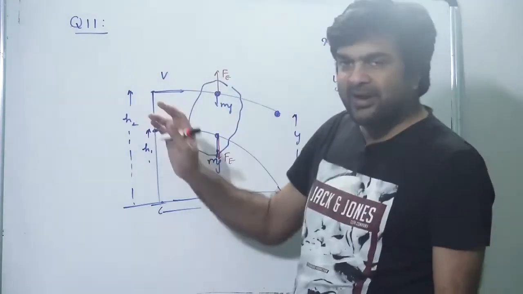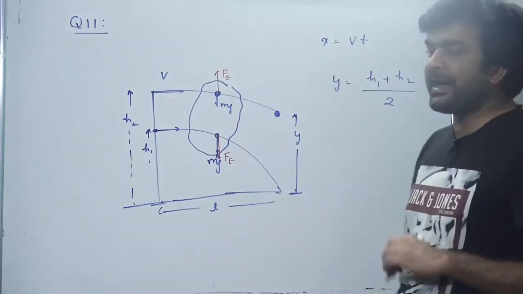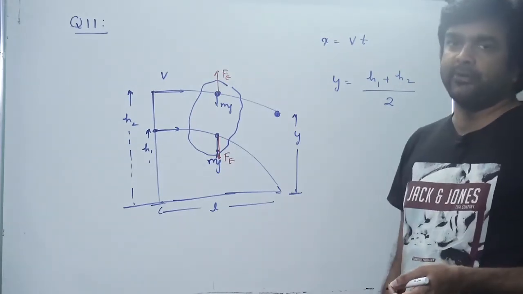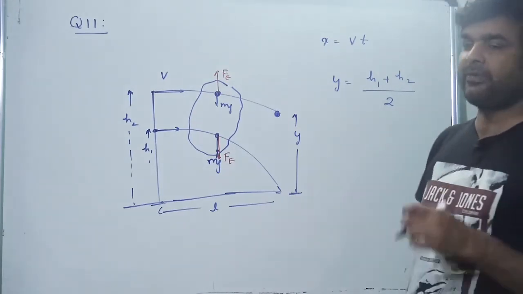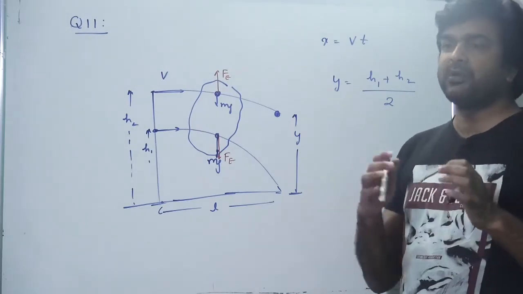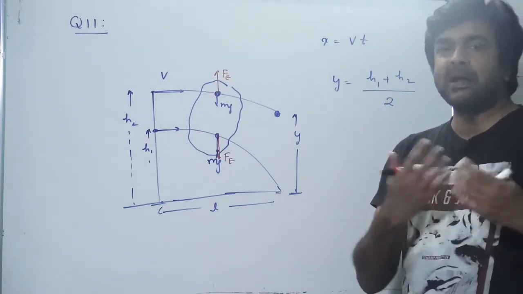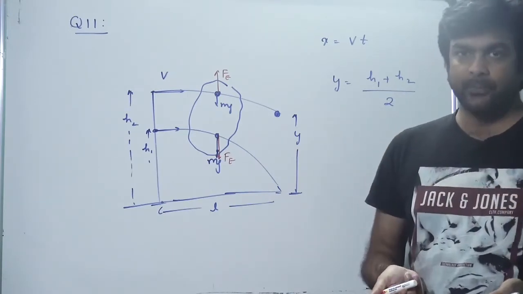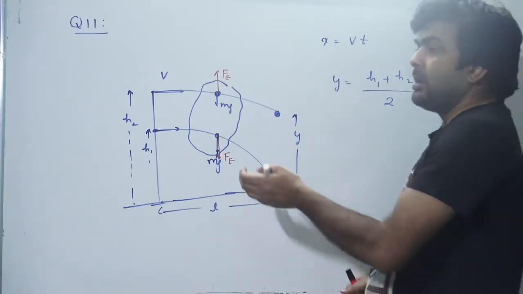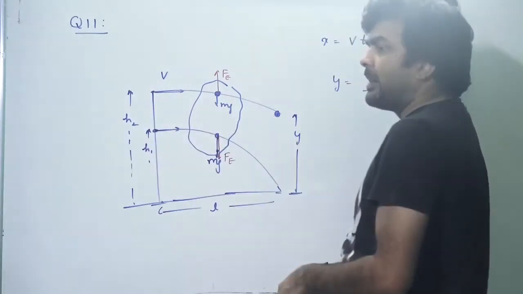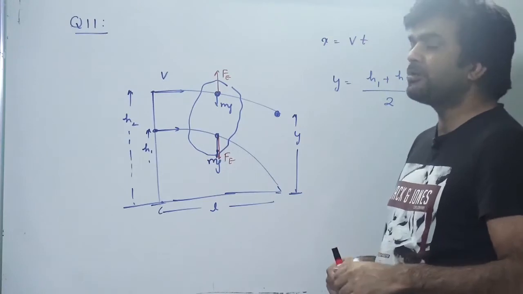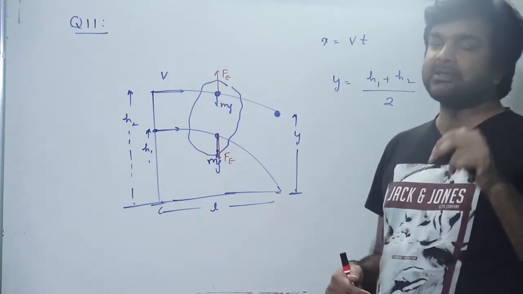(h1 plus h2) divided by 2 was the initial height of center of mass, and the center of mass of the system behaves as a particle on which we can assume the whole mass is concentrated and all the external forces are acting. Wherever is the center of mass, only external force is gravity, and the center of mass will move vertically downward with an acceleration g.